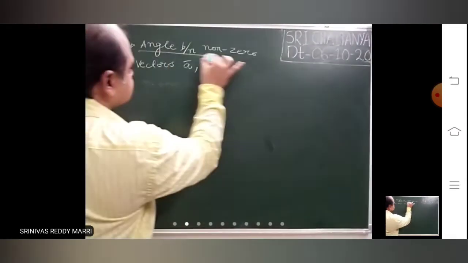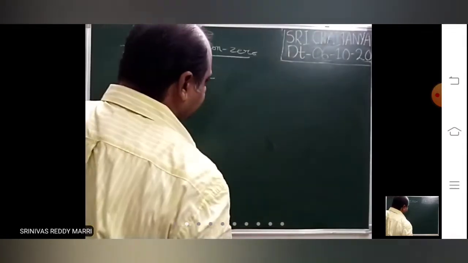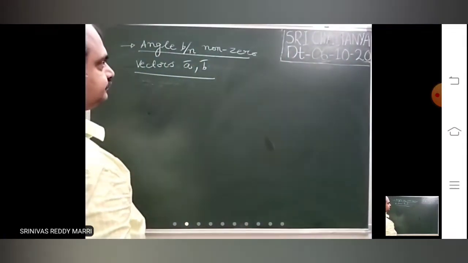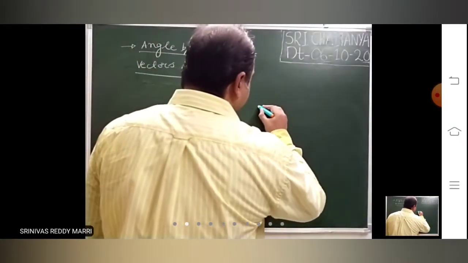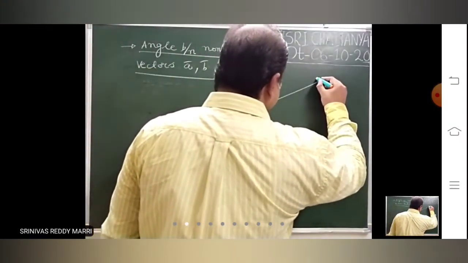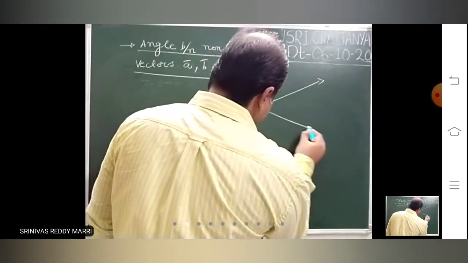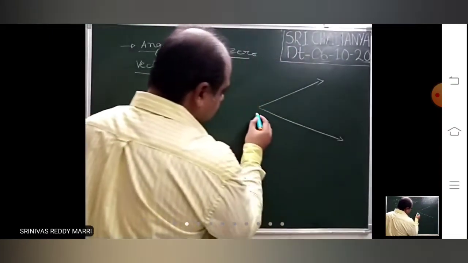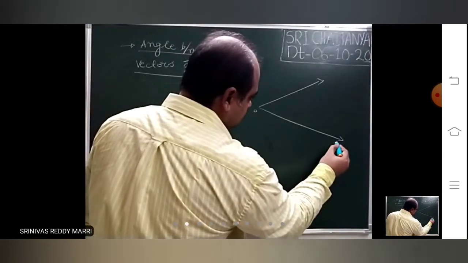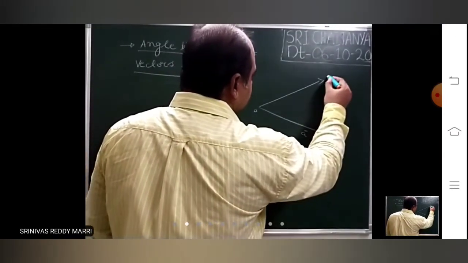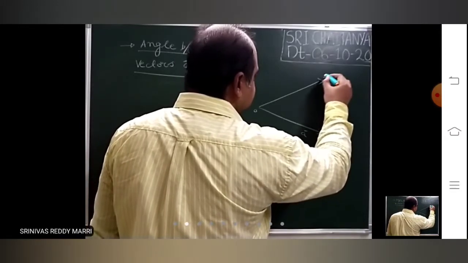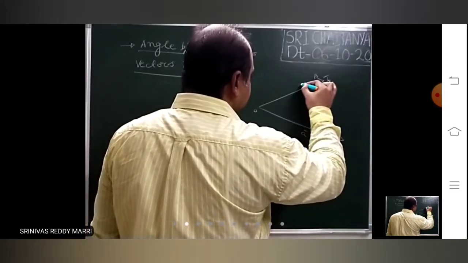Non-zero vectors a bar, b bar. Suppose two vectors are there like this. So a bar is in this direction, and b bar is in this direction.